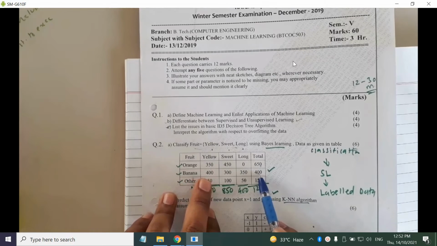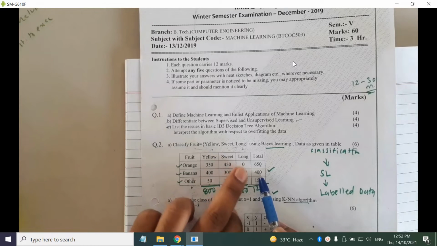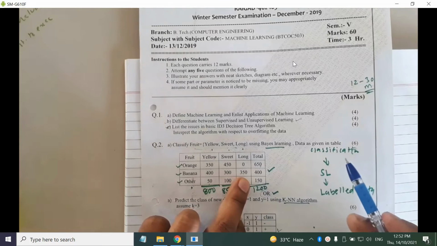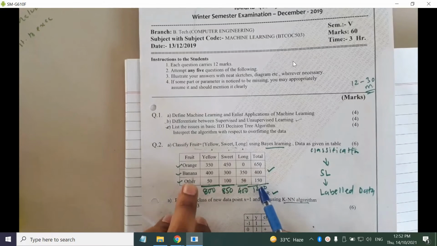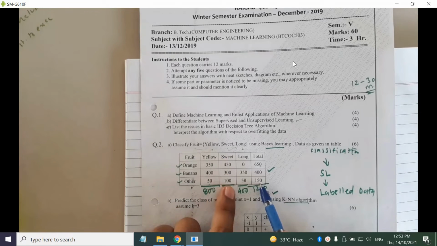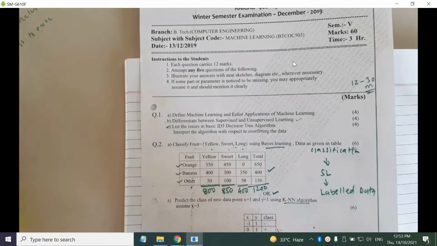Out of 400 bananas, 400 are yellow, 300 are sweet and 350 are long. The remaining 50 will be short. Then in the other category, out of 150, 50 are yellow, 100 are sweet and 50 are long. So this data is given.